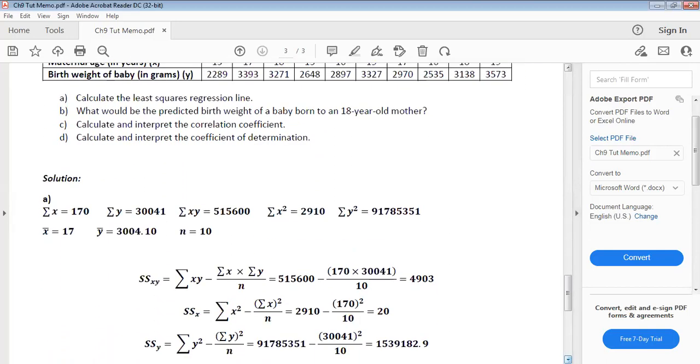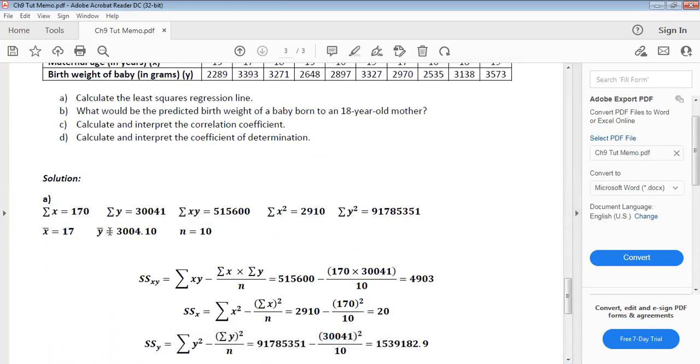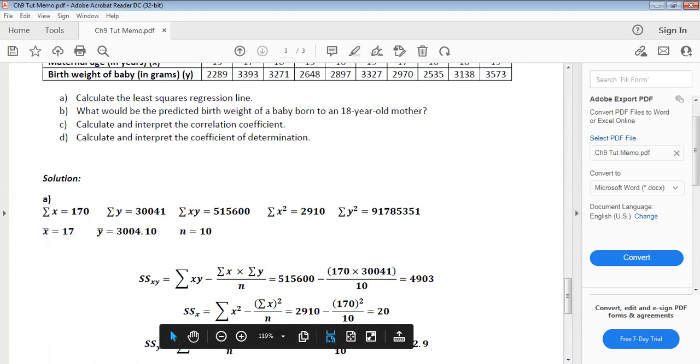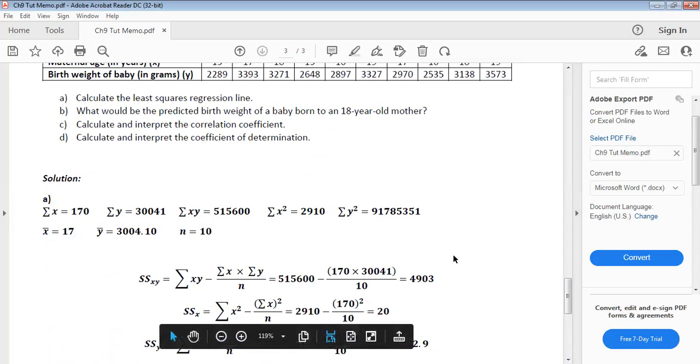Okay. So here, remember our x bar was 170. Remember our x bar was 301. So all these numbers is what was found there. You can even check, verify later, or we can say our x was 70.